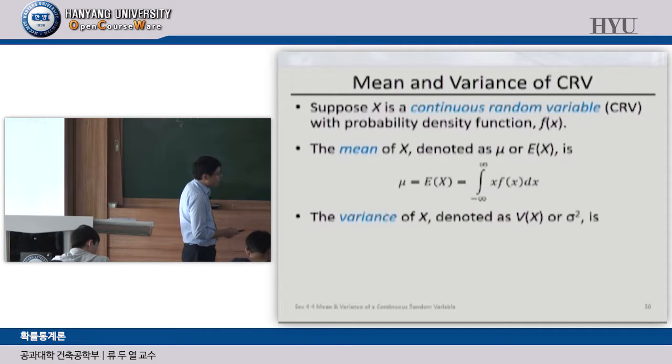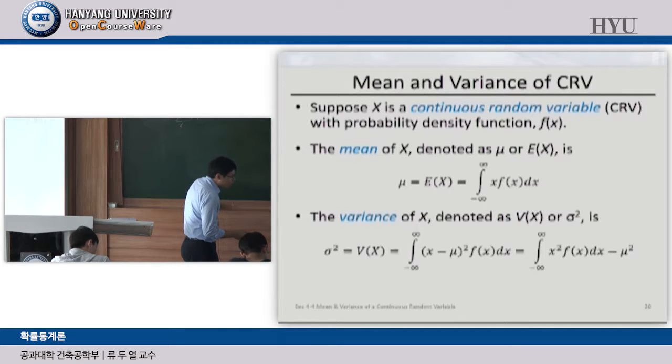And the variance of X, which is denoted as V(X) or sigma square, can also be expressed by this equation. That is the integration of (x minus mu) square multiplied by the probability density function f(x) from minus infinity to infinity. Or it can be the integration of x square multiplied by f(x) from minus infinity to infinity, minus mu square.